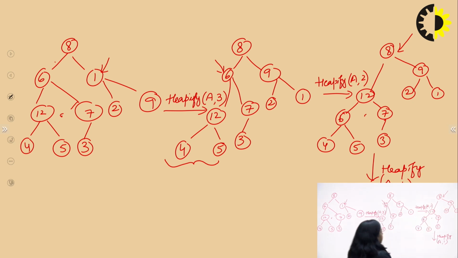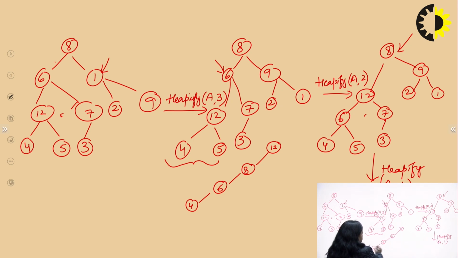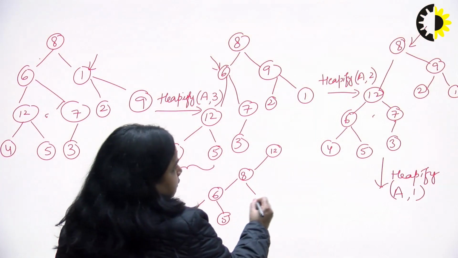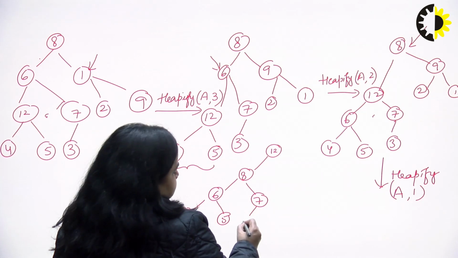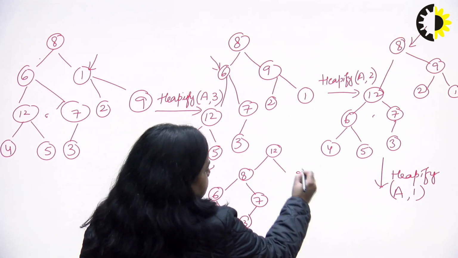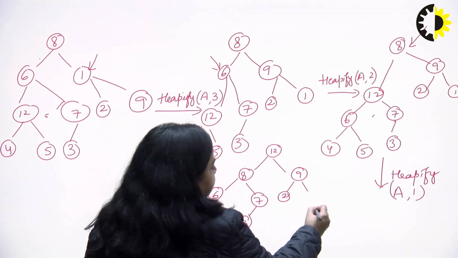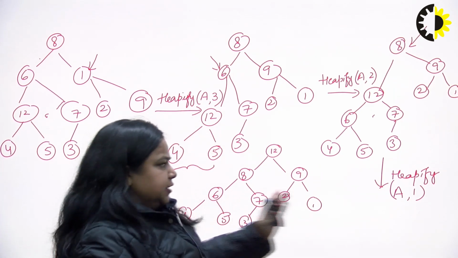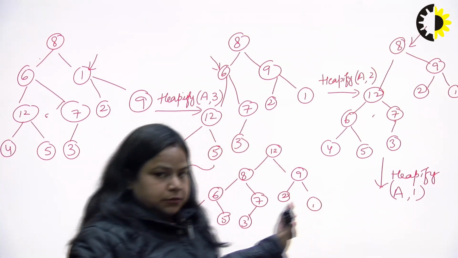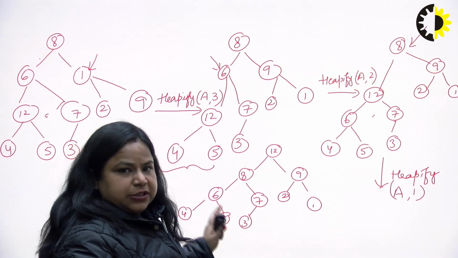But it is not. So due to which we are getting a tree as 12, 8, 6, 4, 5, 7, 3, 9, 2 and 1. After applying heapify from A comma 1, this particular tree is being generated.